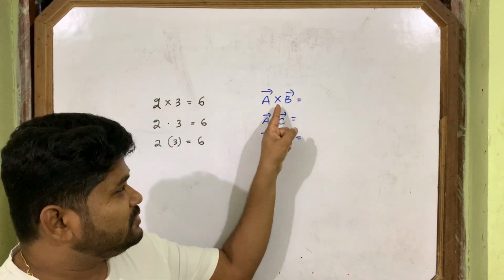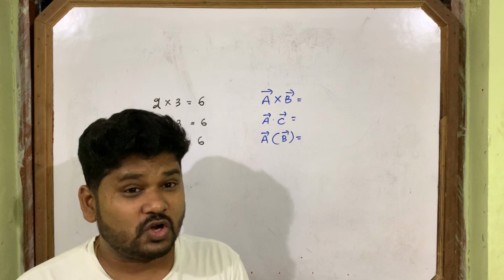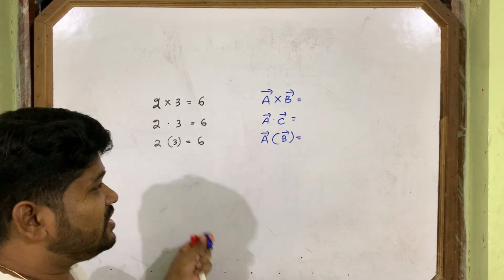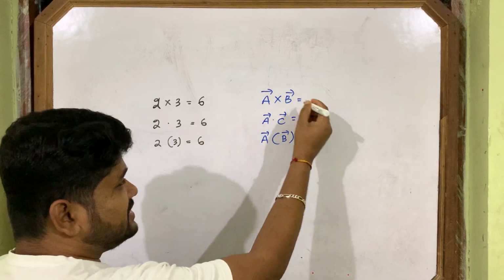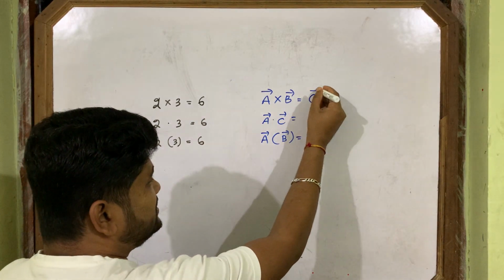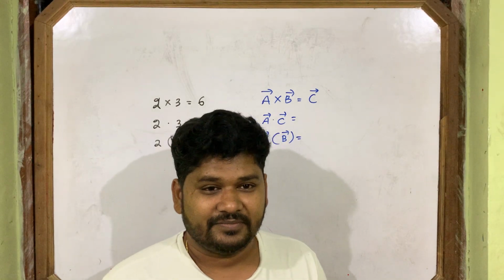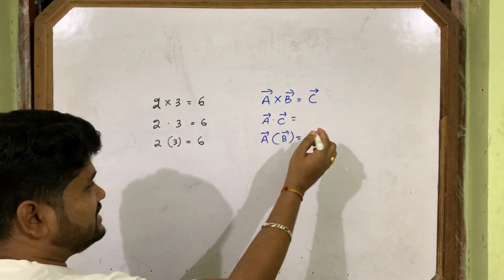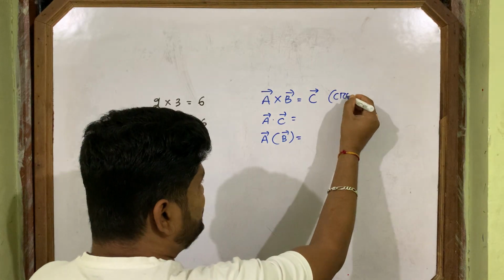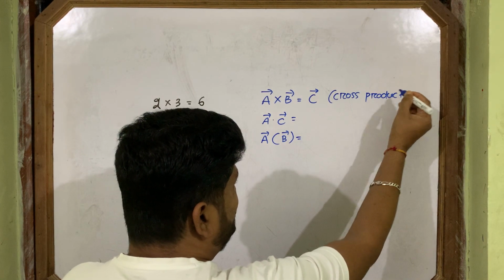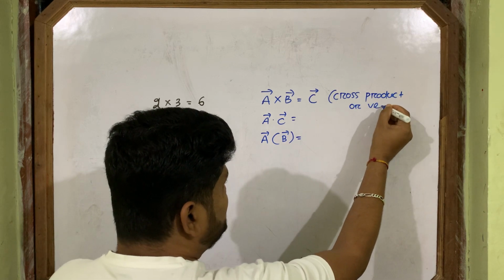When we multiply two vectors with the help of a cross symbol, this is called a cross product, and its result is another vector. This is called the cross product or vector product.